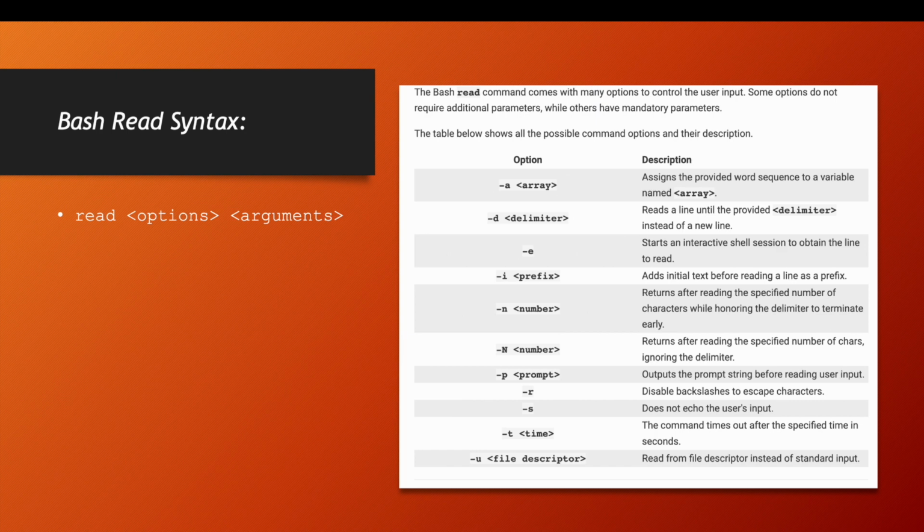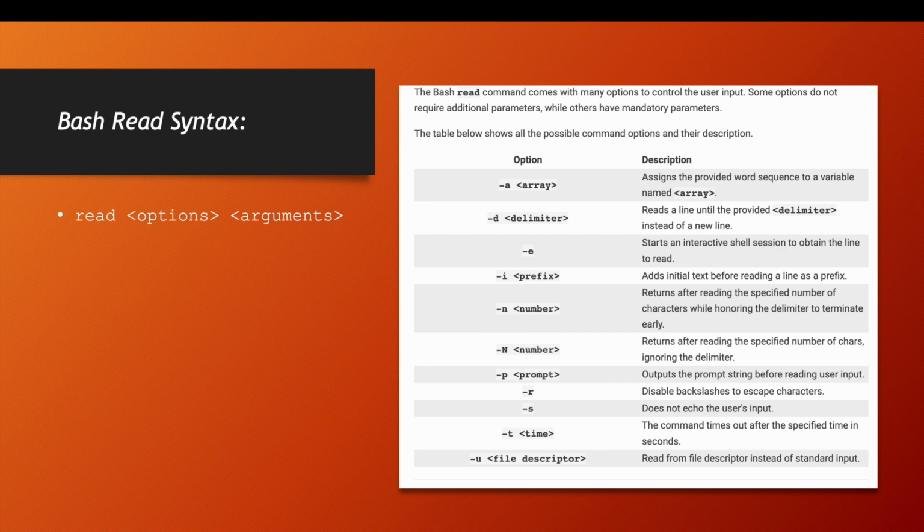Similarly, -r disables the backslash as an escape character. If your line has multiple backslashes, they would otherwise be assumed as escape characters. -s is a very important option. This does not echo the user input.